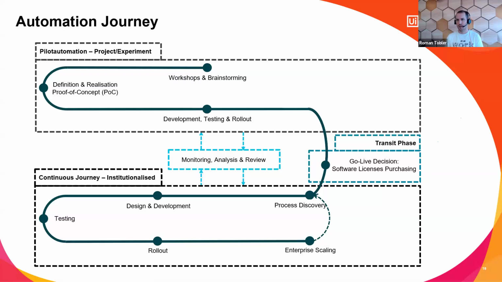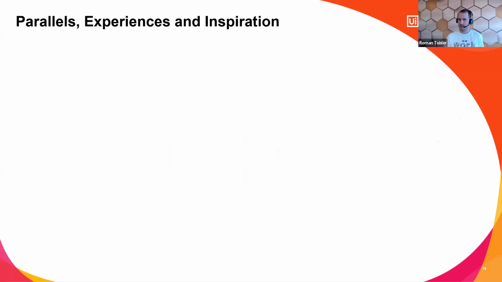So this is the automation journey that we think is still valid, or always valid, also when it comes to agentic automation. And here, in text form, where can you find inspiration, ideas? That's what I just showed, right? RPA or automation discovery. How have you found ideas or potential automations so far?